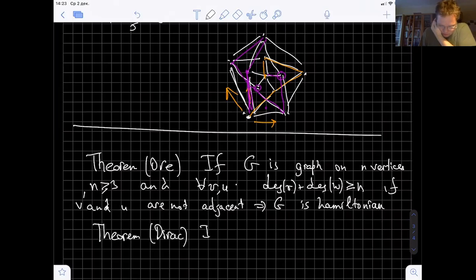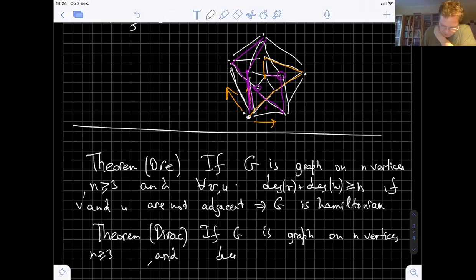So again, if G is a graph on n vertices, n at least 3, and all degrees are n over 2 or greater, then it is Hamiltonian.